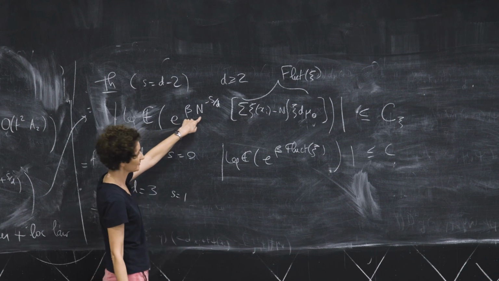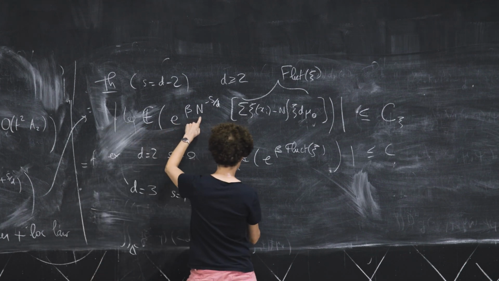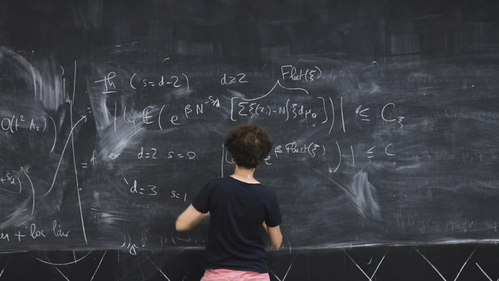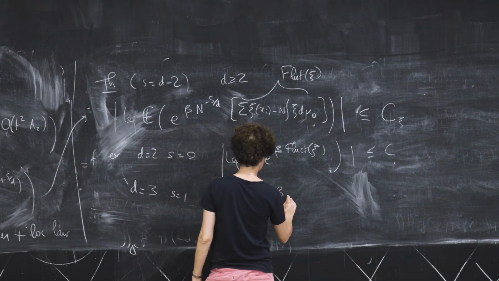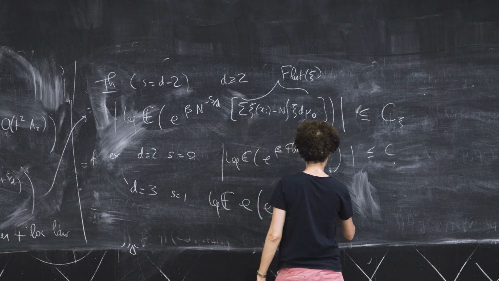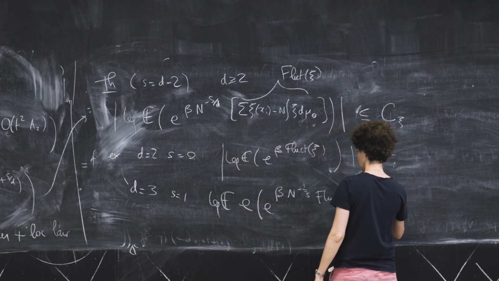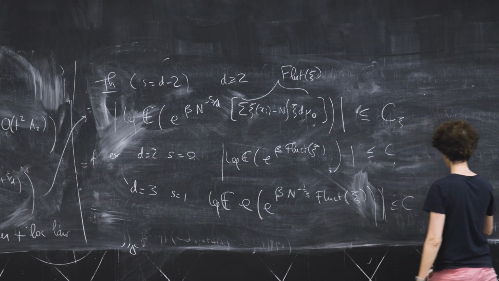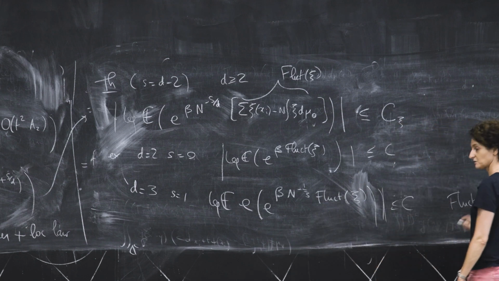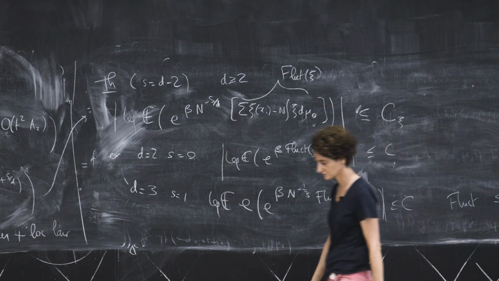If you want to go to dimension 3, then s equals 1. It's no longer the same statement. The statement now is that the expectation of e to the beta n to the minus 1/3 times the fluctuation is bounded. So that means that basically your fluctuation is bounded by n to the 1/3. So you see, it's dimension dependent.